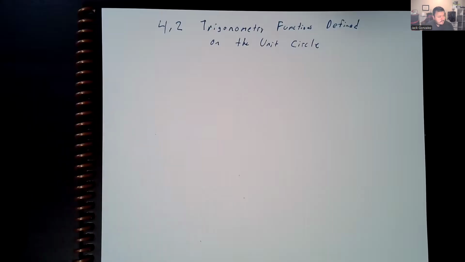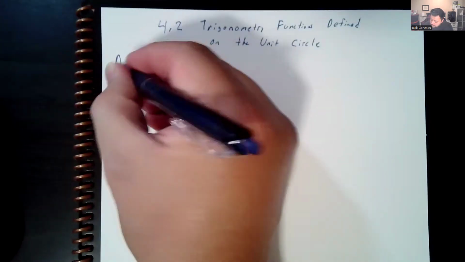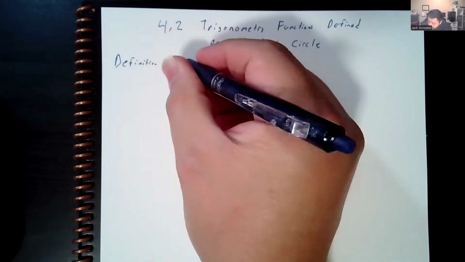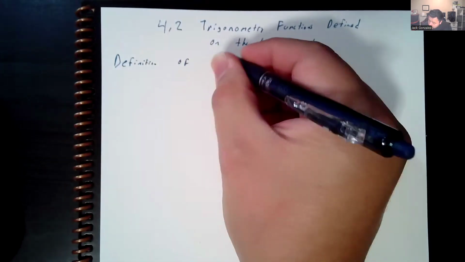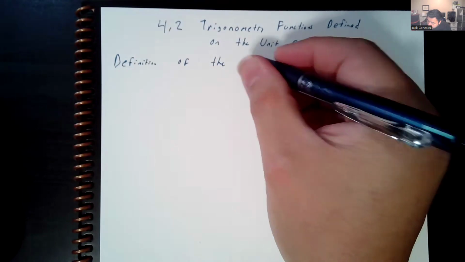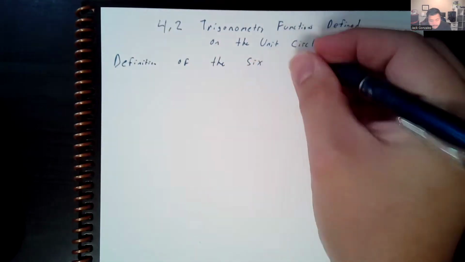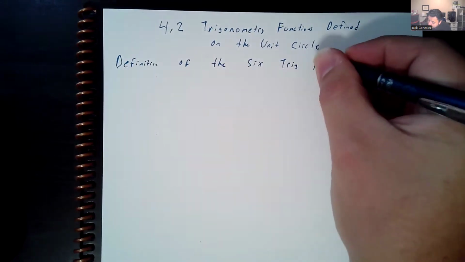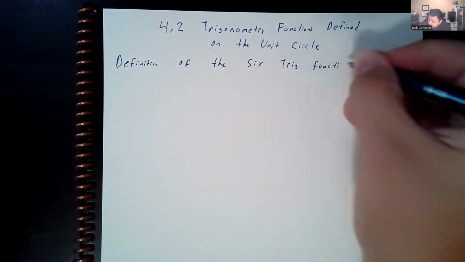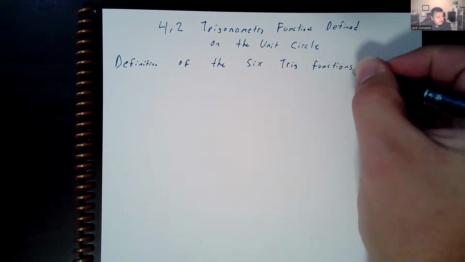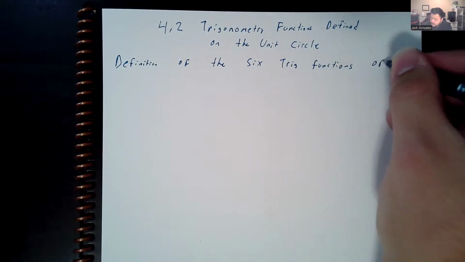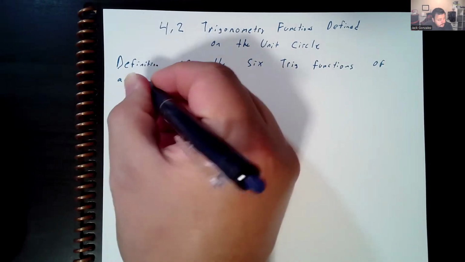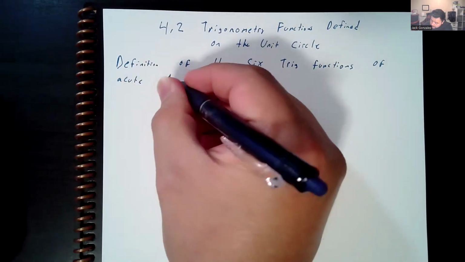Definition of the six trigonometric functions of acute angles.